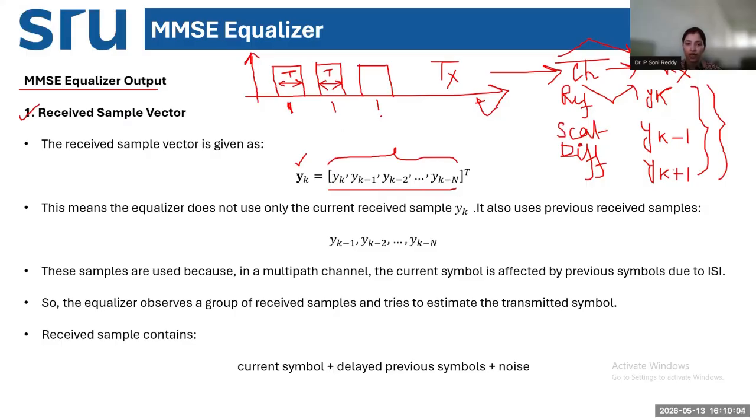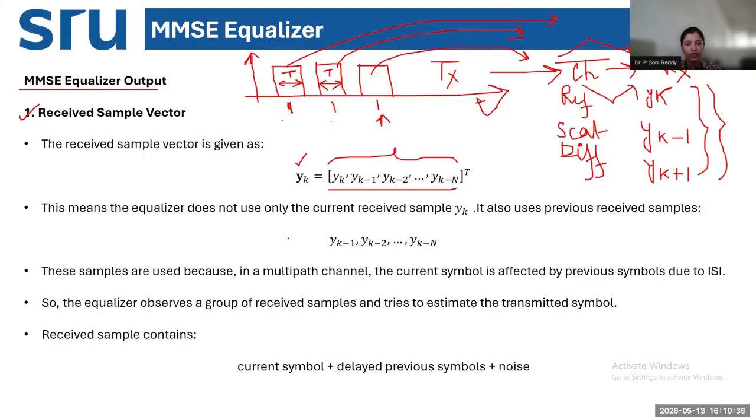Suppose this is my actual transmitted signal dk, this would be my previous transmitted signal dk minus 1, and this would be dk minus 2, one step before. If this signal is received at the receiver, this would be yk, this would be yk minus 1, and this would be yk minus 2. So like this, it is being demonstrated here. Different types of signals will be received for the same transmitted signal.